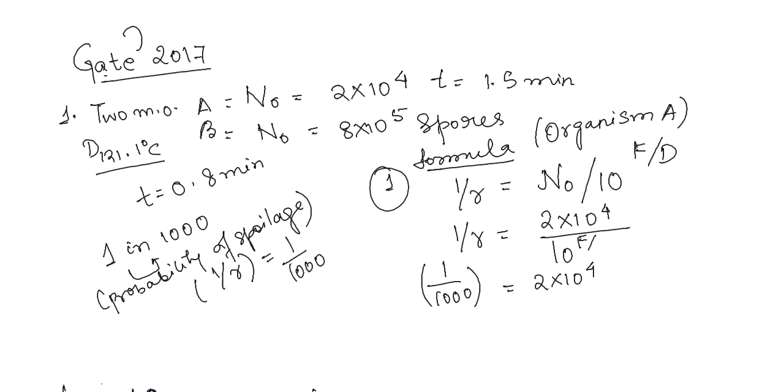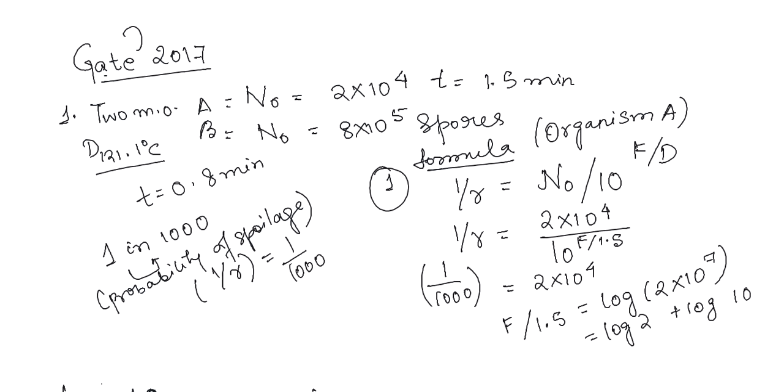1.5 minute. When you are solving this, it will come like F by 1.5 is equal to log 2 into 10 to the power 7. With the log rule, you will have log 2 plus log 10 to the power 7.